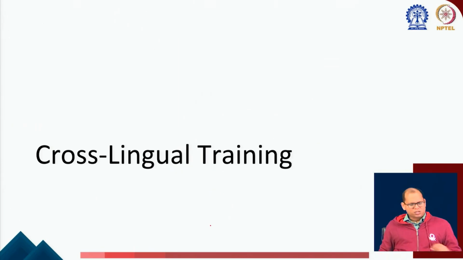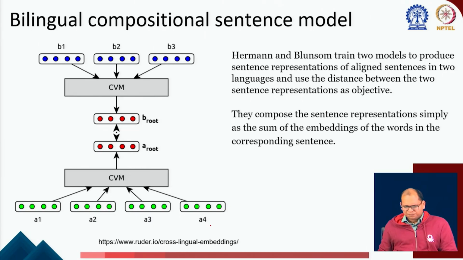We can also do cross-lingual training. Like Hermann and Blunsom, what they did, they trained models to produce sentence representations of aligned sentences in 2 languages. So, for example, let us say you have 2 different languages, and the sentence here has 4 tokens, A1, A2, A3, A4, and here you have 3 tokens, B1, B2, B3. So, they composed the vector representation.